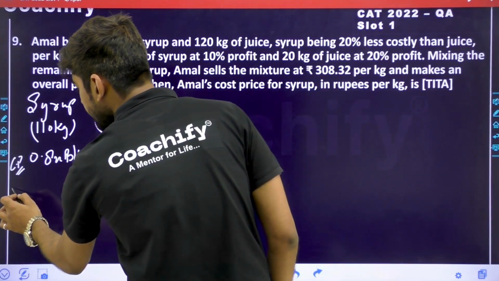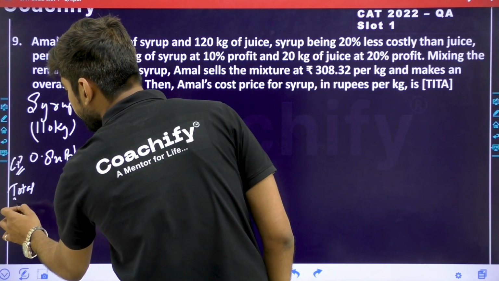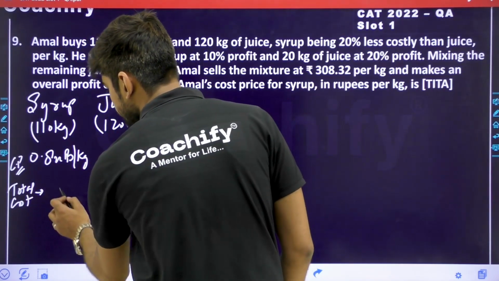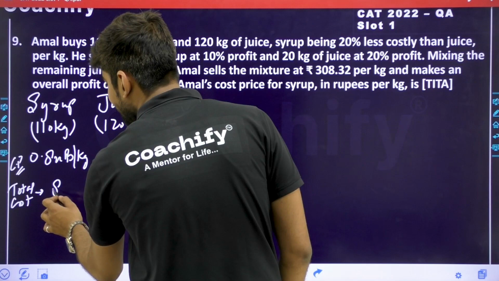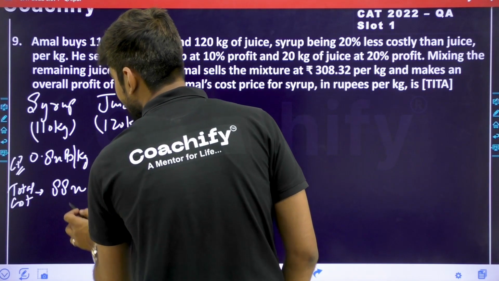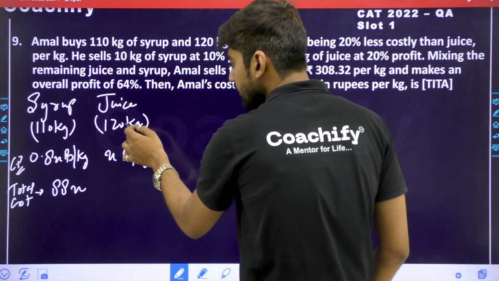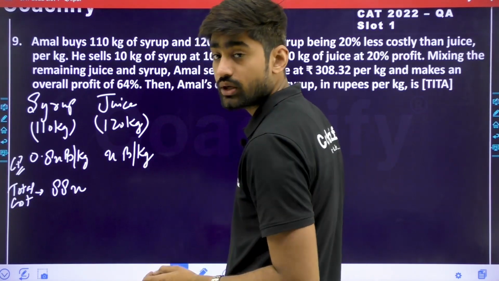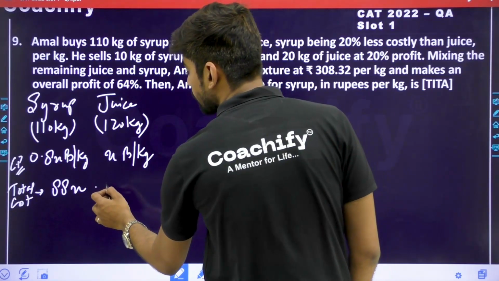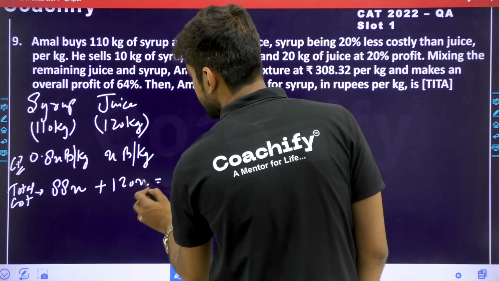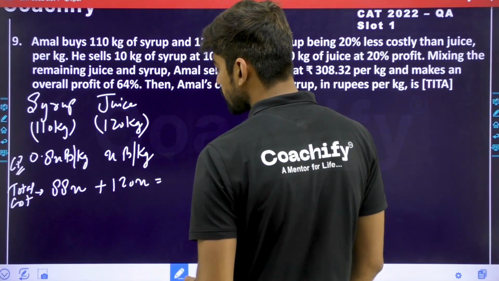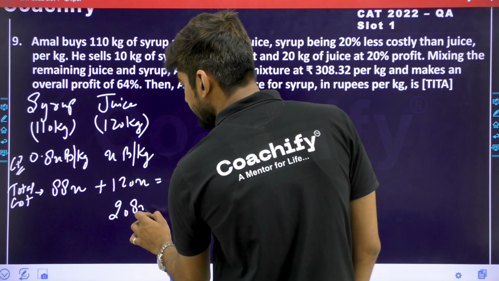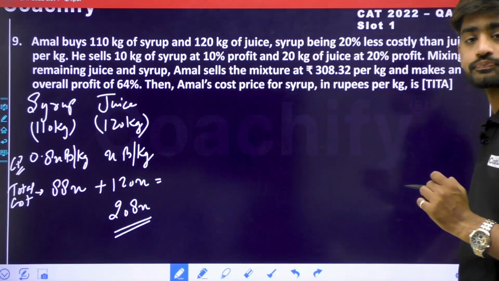So if I find the total cost here, it is 110 into 0.8x, which is 88x, and 120 into x for juice, so my total cost becomes 120x. If I add the two values, my total cost is coming out as 208x. This is my total cost.